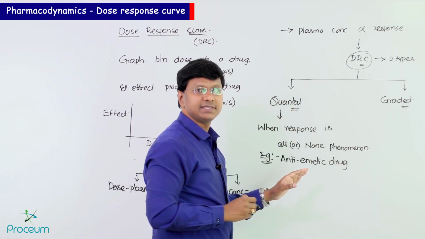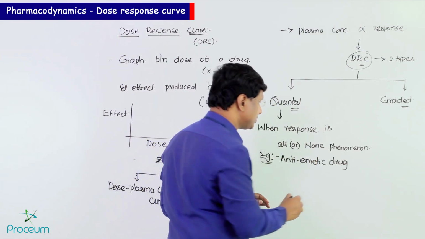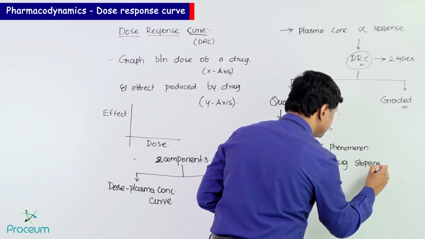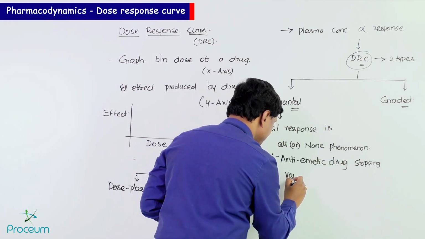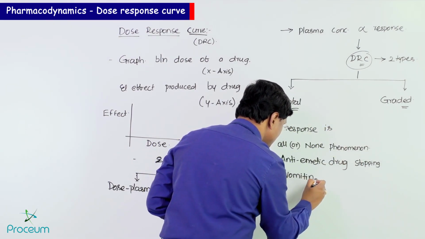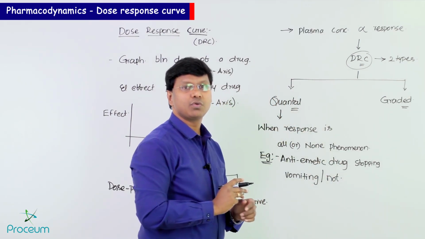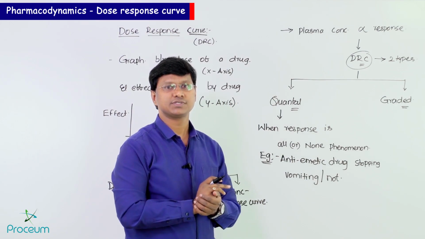So if you take the antiemetic drug stopping vomiting or not, that is what is your Quantal dose response curve.